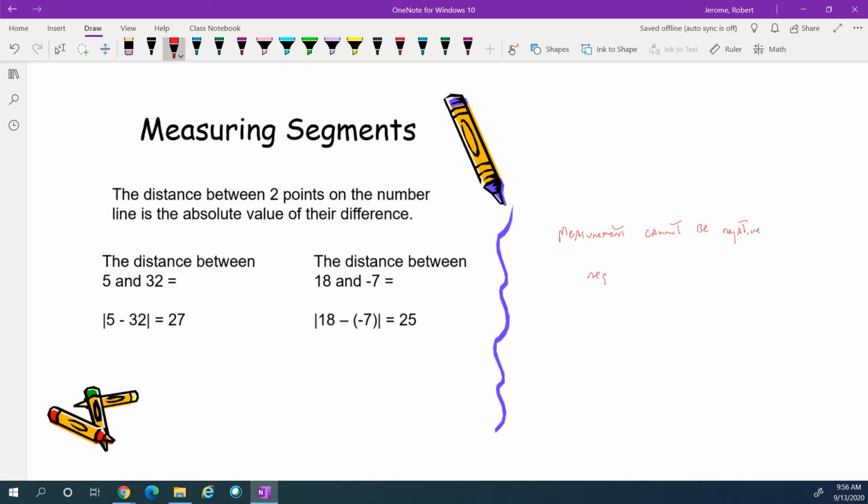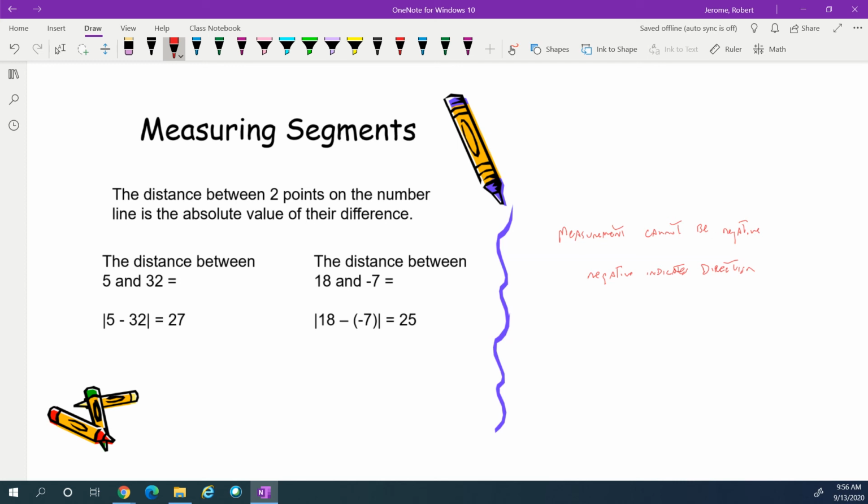Negative indicates direction. So if I put my car in reverse and drive a mile, I drove a mile. Negative might indicate that I was going backwards, but the distance that I traveled is 1 mile. So when we talk about the measurement of a segment, it cannot be negative. That's why we're going to take the absolute value.